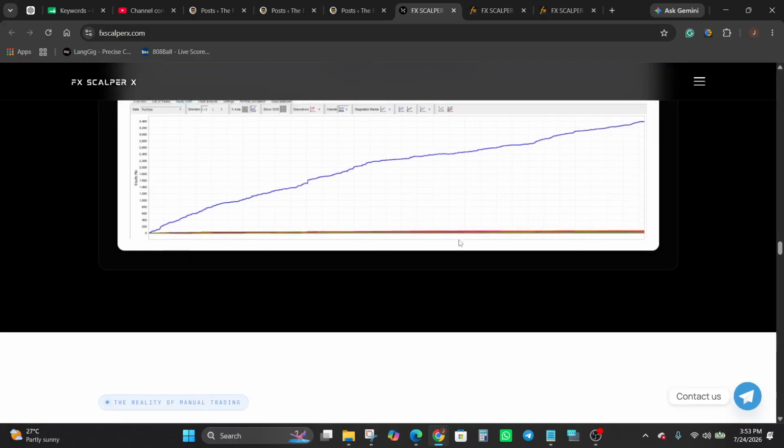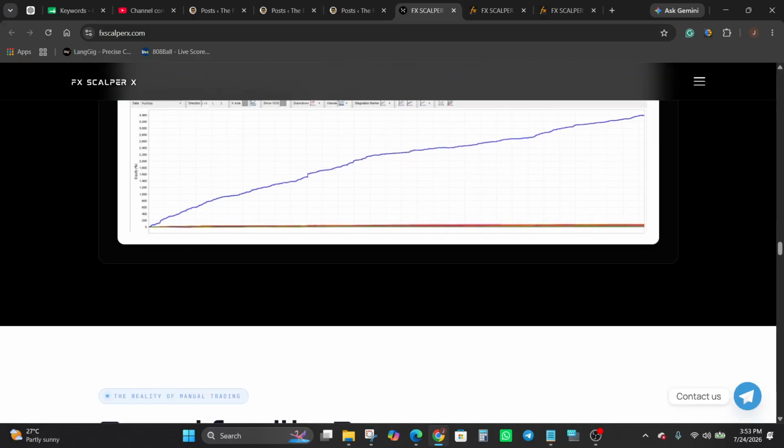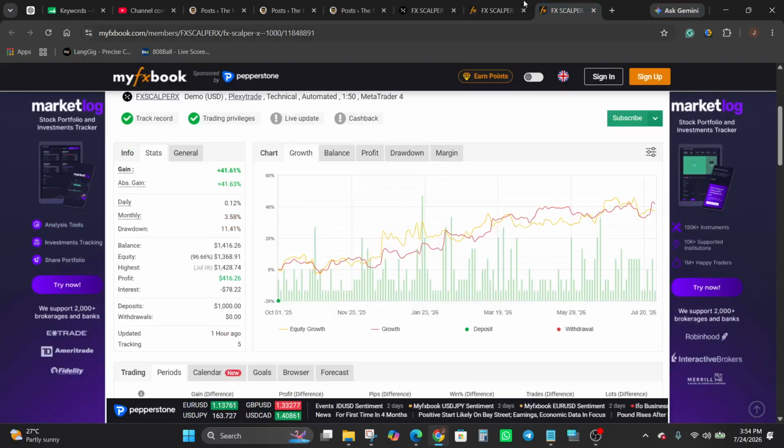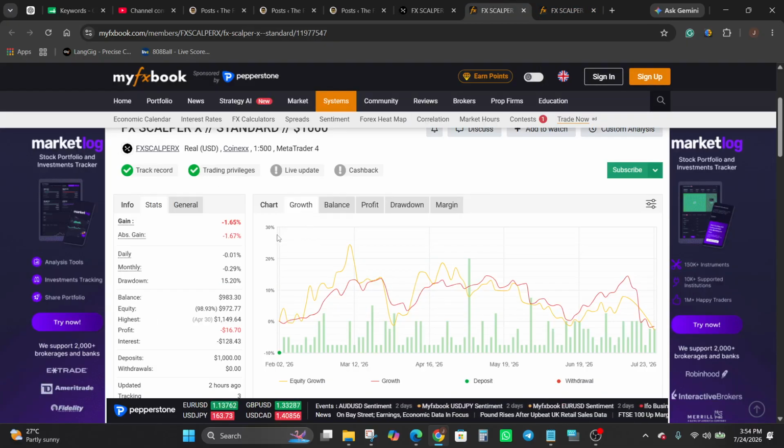So here's the distinction worth sitting with. That 3,400% figure is backtested performance over 15.7 years. It's not live trading. The actual live MyFXBook verified numbers for FX Scalper X on this same page are these two that I have opened here. This one is showing about 41.6%. This one is showing negative 1.65%.